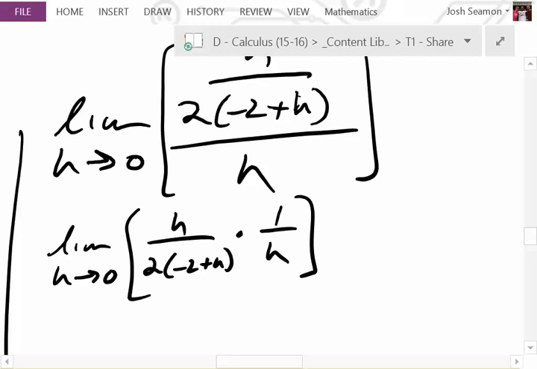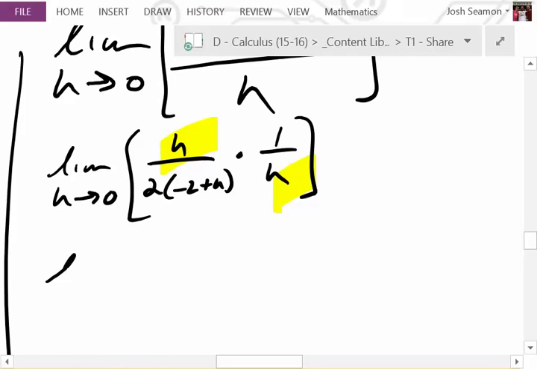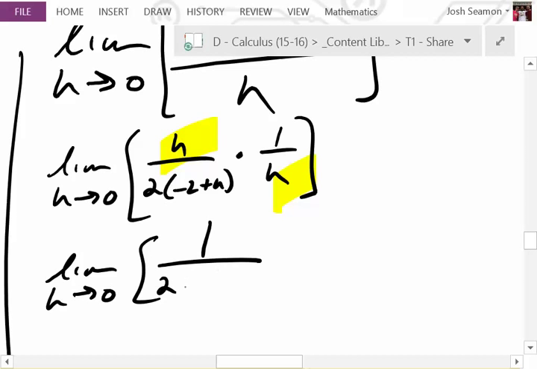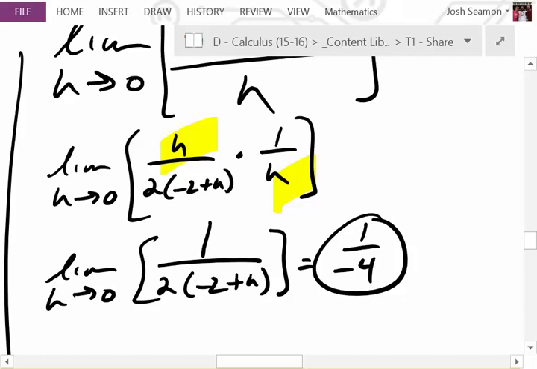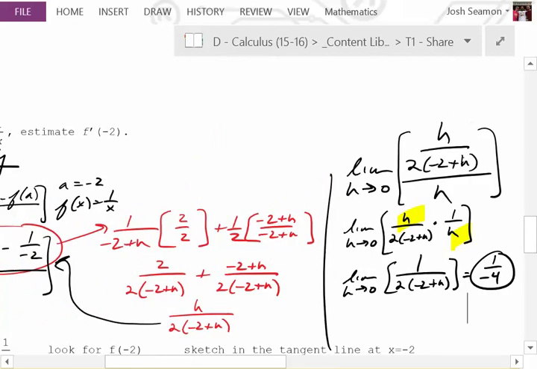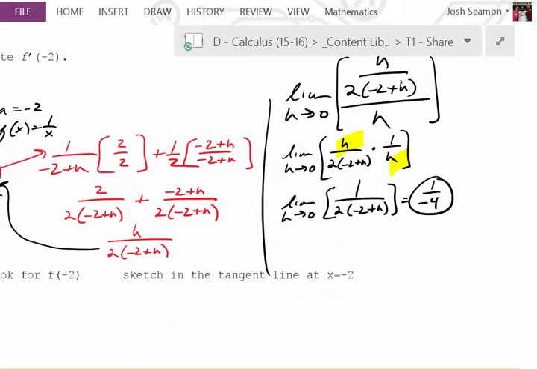What cancels now? The h's cancel, leaving you with the limit as h goes to 0 of 1 over 2 times negative 2 plus h. Can we now plug in 0 for h? Yeah, so what's that equal? 1 over negative 4. So what does that tell you? The instantaneous rate of change is exactly negative 1/4. It's kind of cool.